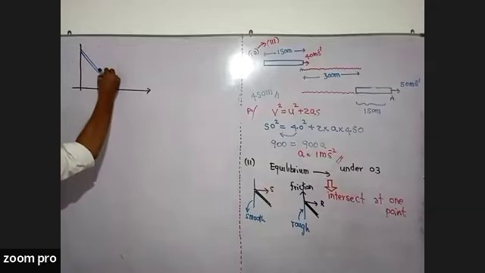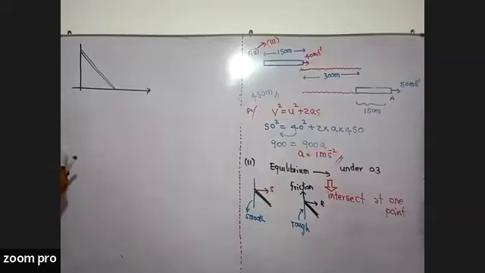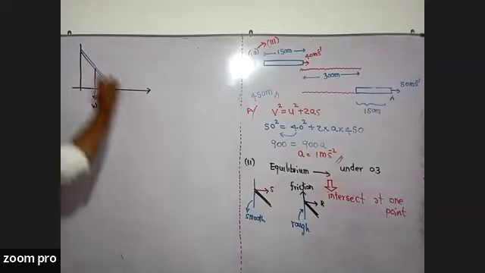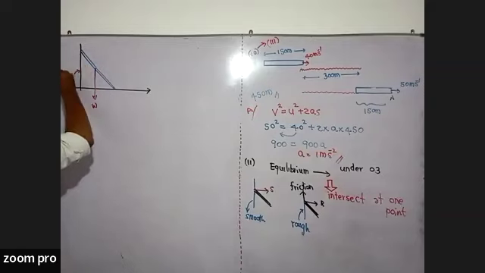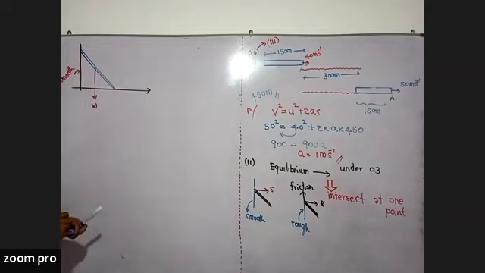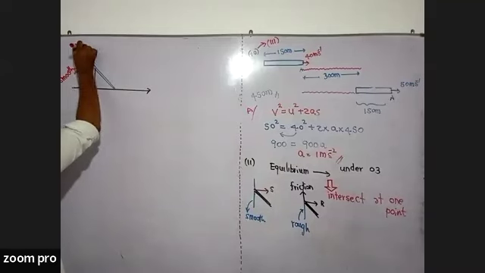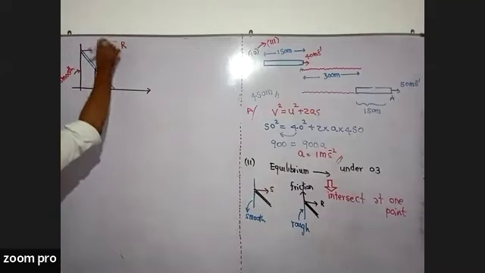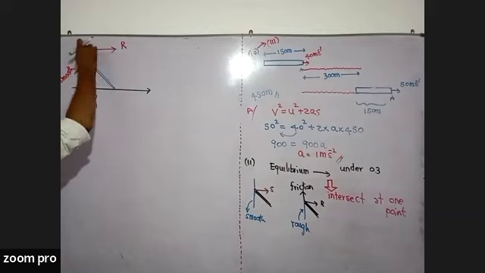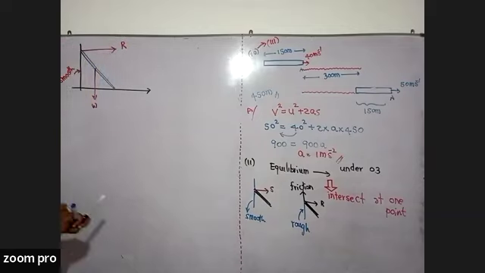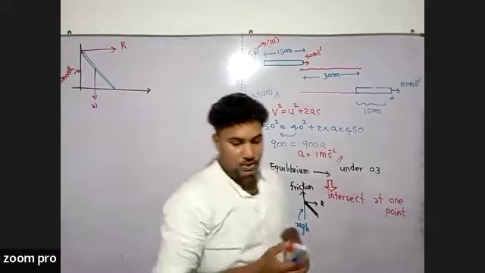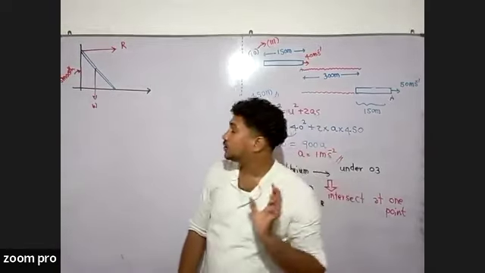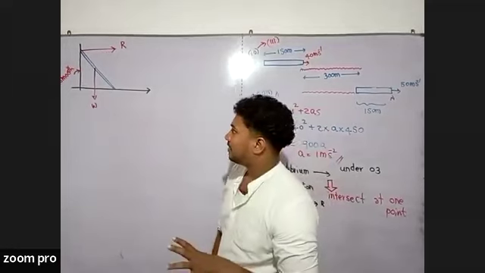I'm using this blue color to represent the ladder. So weight obviously should be vertically downwards. And this surface is a smooth one, so there's only one force that should be exerted, that is normal reaction, and it should be exerted perpendicular to the surface. So these two forces you have to mark.